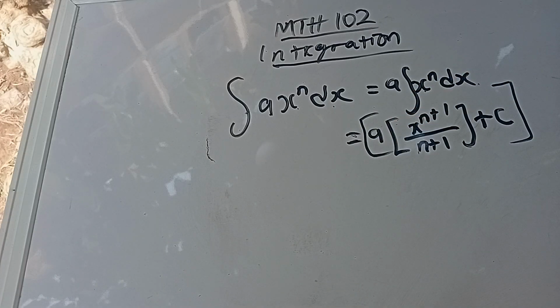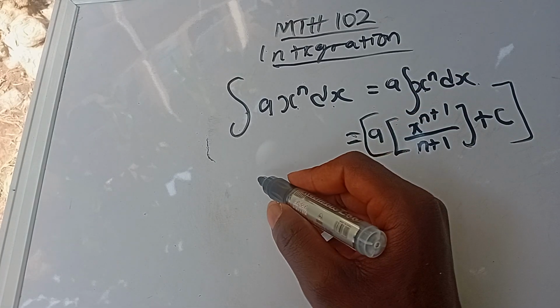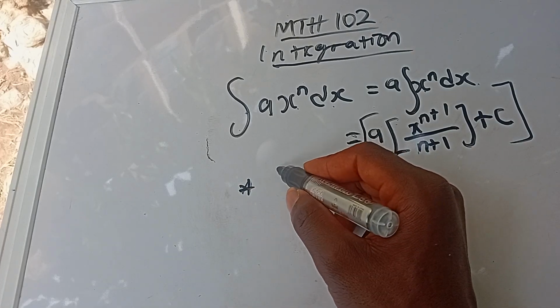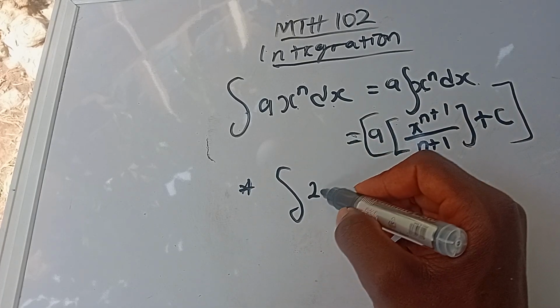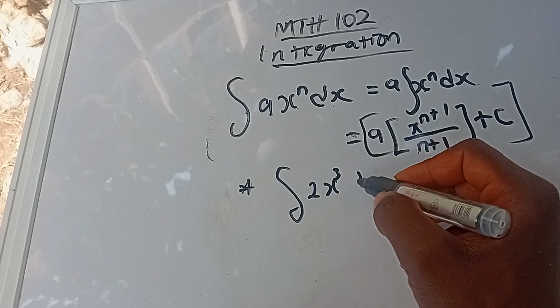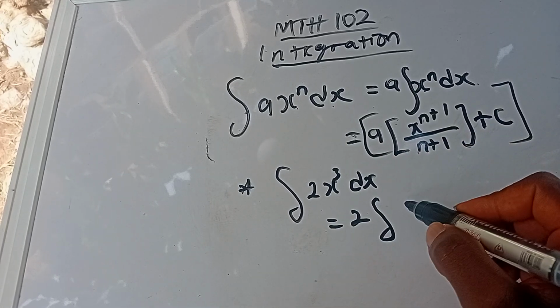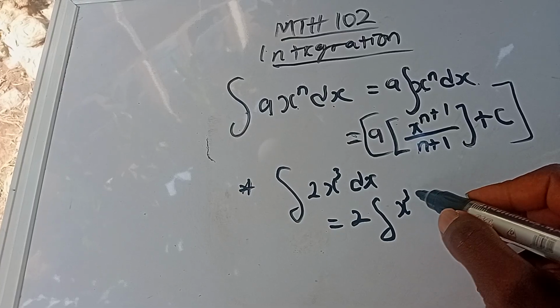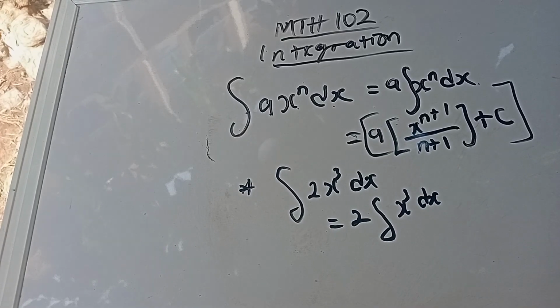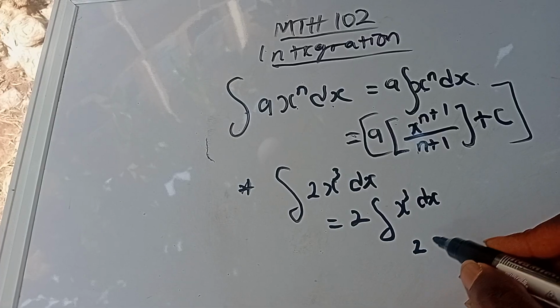Take note of that. So for instance, probably we have a question that says the integral of 2x cubed dx. What you are going to get is, 2 will come out because it's a constant. Then you have your x cubed dx. Now let's integrate. This becomes 2 open bracket.